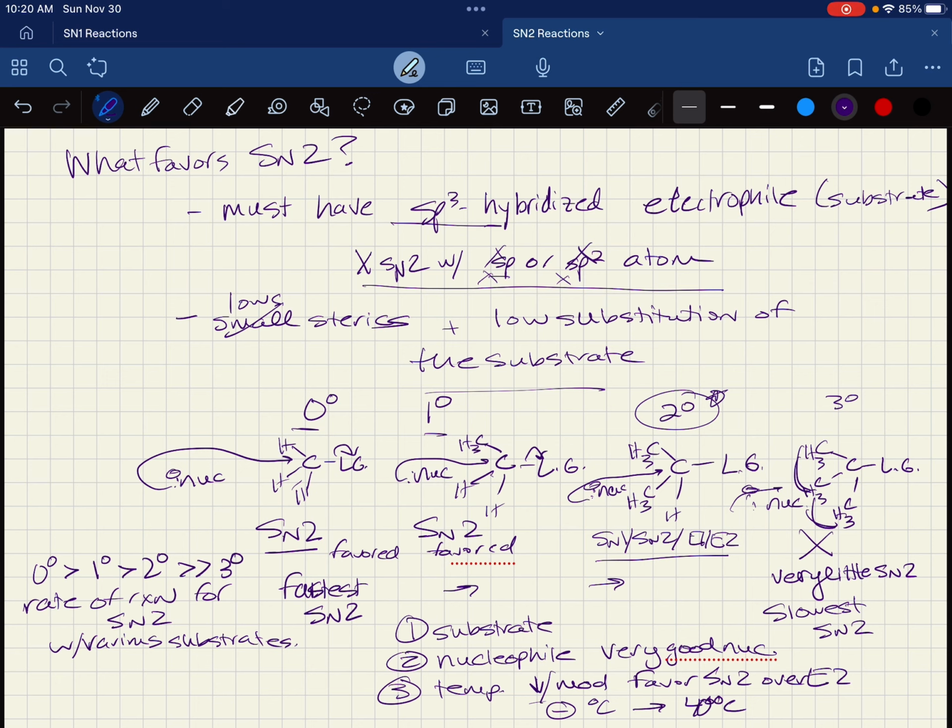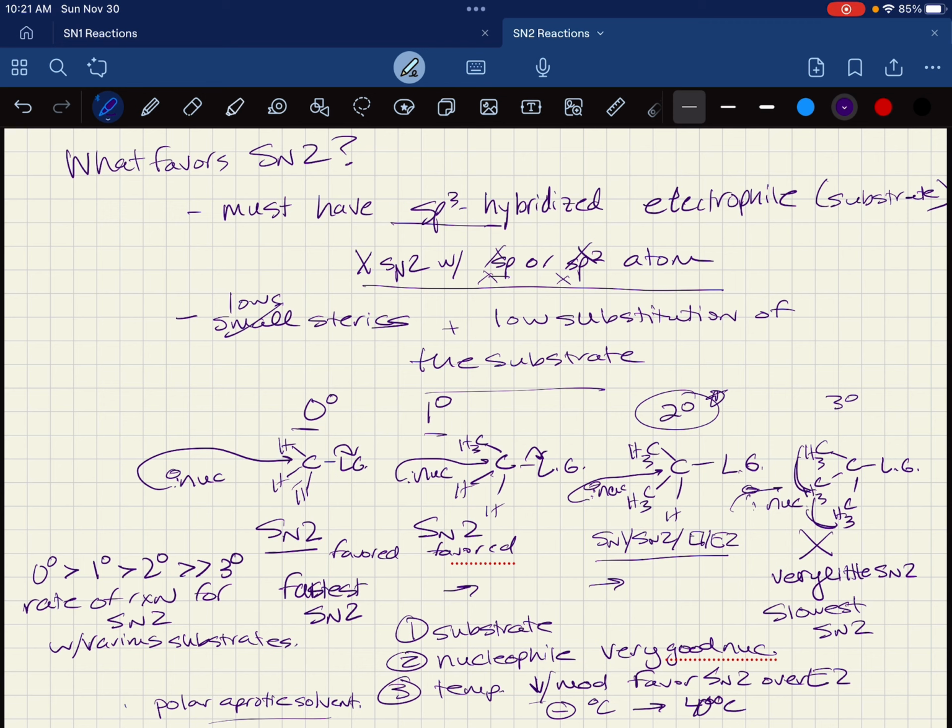And looking at solvent, technically, a polar aprotic solvent is the best. But you will see SN2 run in things like alcohols, or E2 run in alcohols, where you've basically deprotonated that alcohol in situ, and you're using the alcohol as a solvent out of convenience, or maybe because it's safer.